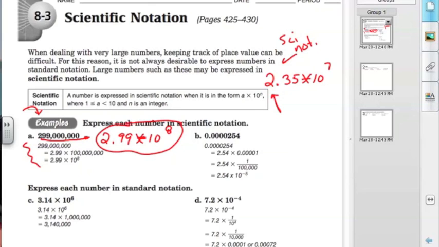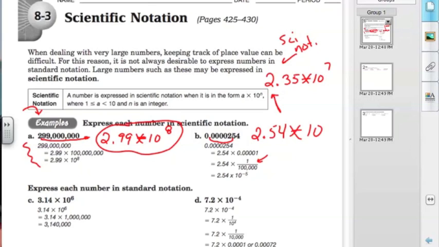Now, the other possibility is you have very small numbers. So in this situation, you have to think about, well, okay, it's a small number. Basically, it's the same idea, though, that you're moving the decimal point. So how many places do you need to move the decimal point from here to here? So it's going to be 2.54 times 10 to the what power?